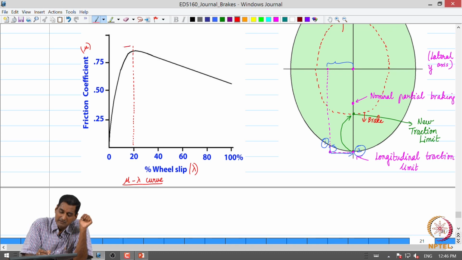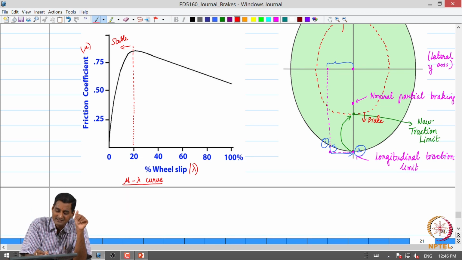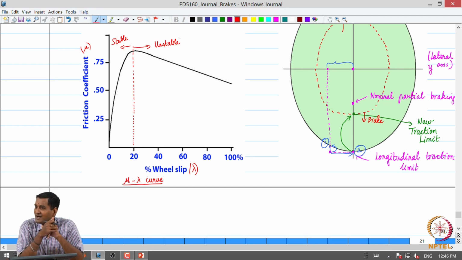People in this community say the operating region to the left of the peak is what is called a stable region. The operating region to the right of this is what is called an unstable region. So what is stable and what is unstable?